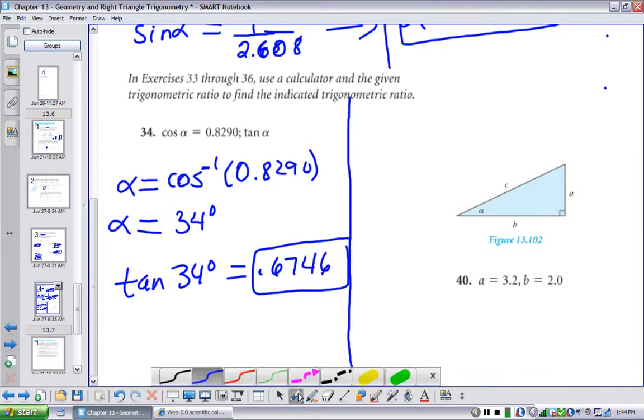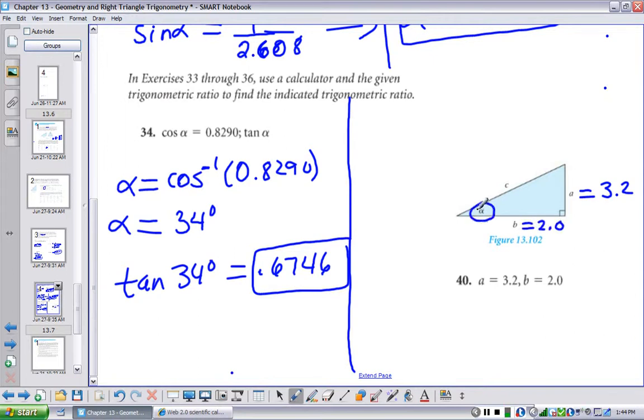The directions for number 40, they want us to find, to the nearest 0.1, angle alpha in the picture. So they want us to find alpha, knowing that A is 3.2 and B is 2.0.